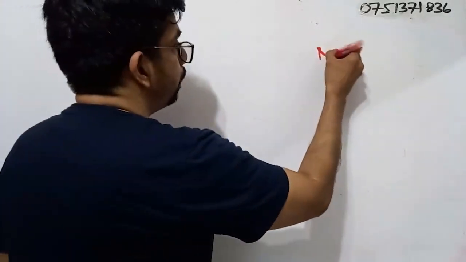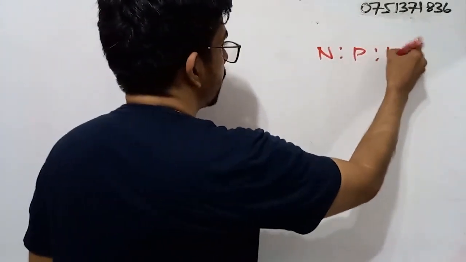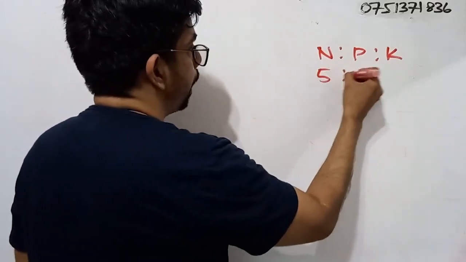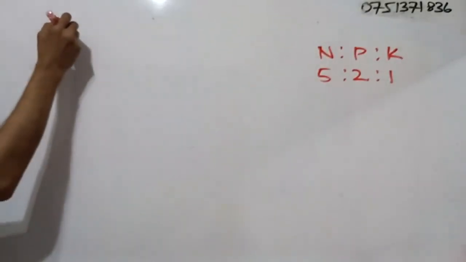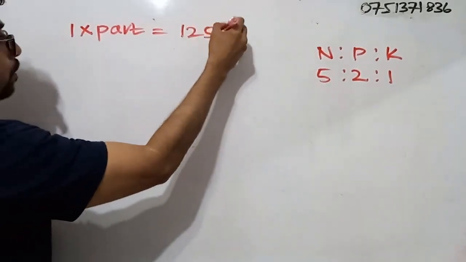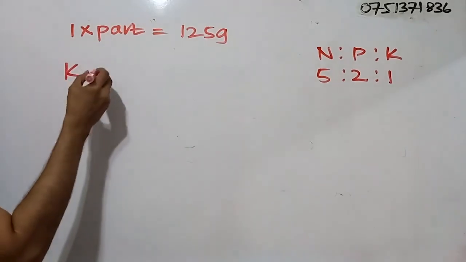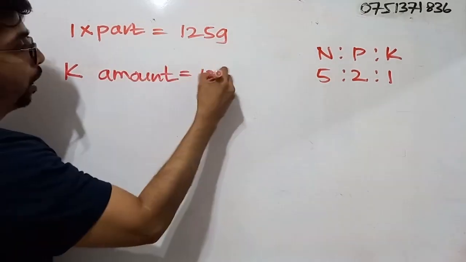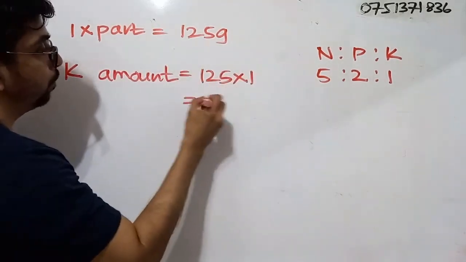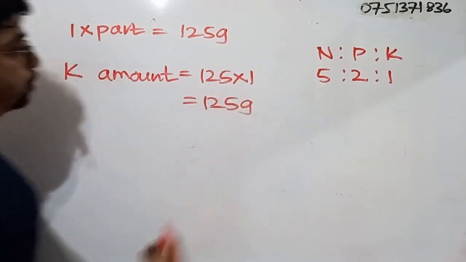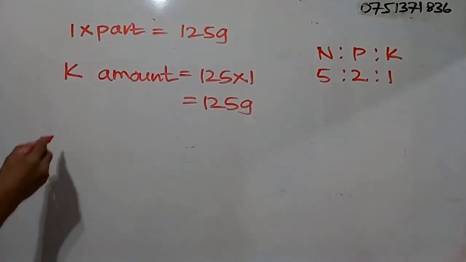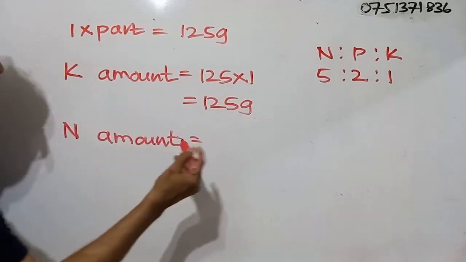If you can remember, the ratio of nitrogen to phosphorus to potassium is 5 to 2 to 1. So the value of one part is 125 grams. That means the amount of potassium is equal to 125 into 1, which is 125 grams. Then the amount of nitrogen is what?